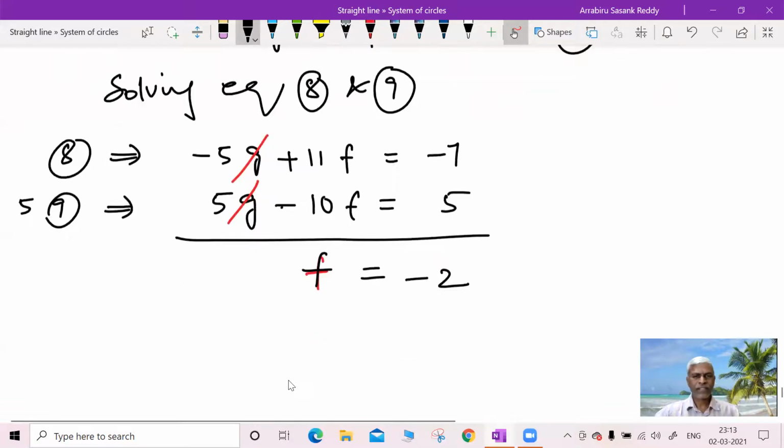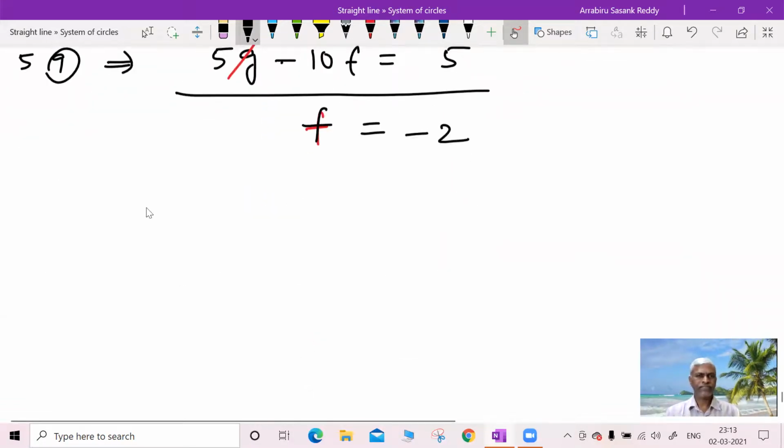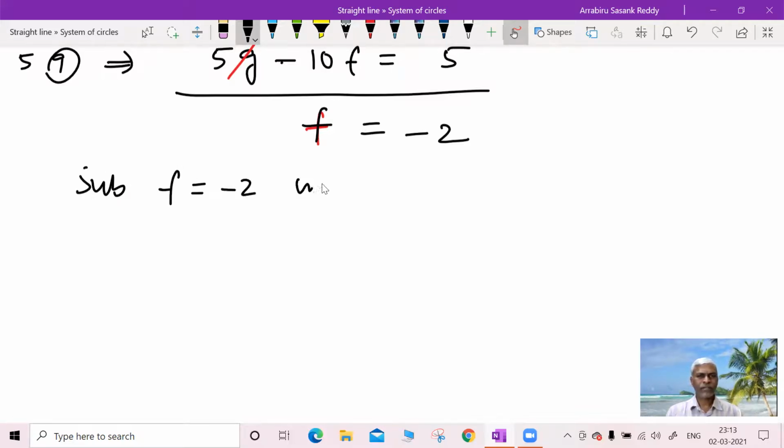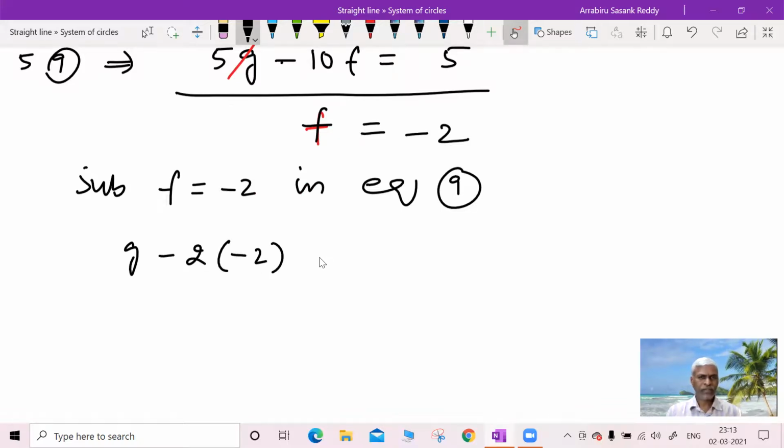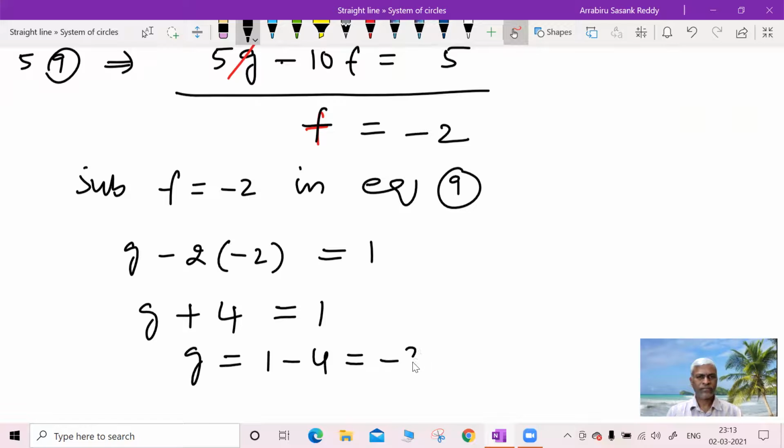Now substituting this F value in equation 9, substituting F is equal to minus 2 in equation 9, that is G minus 2F is equal to 1, G plus 2 into 2, 4. So G is equal to 1 minus 4, that is G value is minus 3.